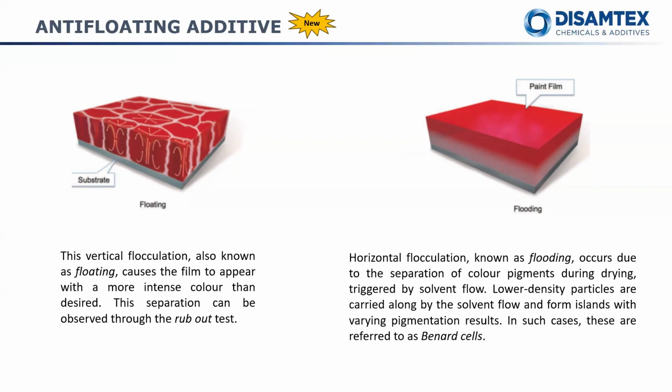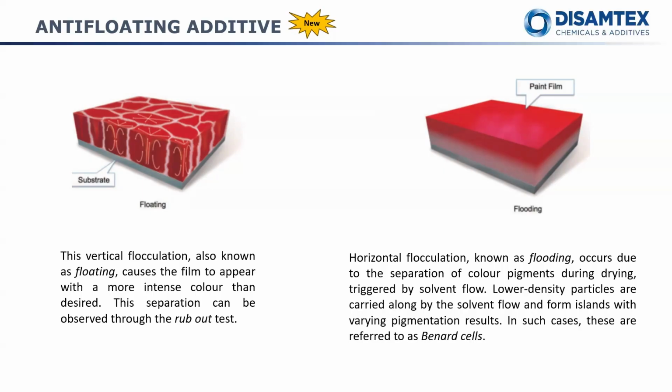And this effect can be detected with tests like rub out, revealing hidden color differences. And flooding, on the other hand, is a horizontal separation during drying, driven by solvent flow. So lighter pigment particles move with the solvent and form visible patterns or islands.